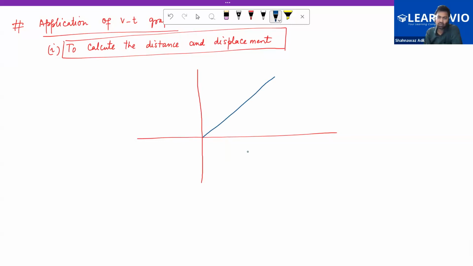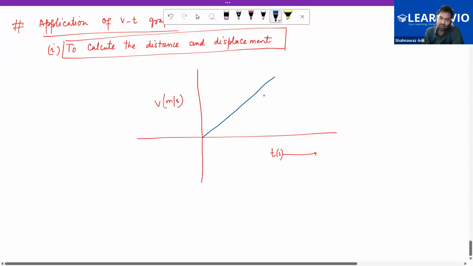This is t, this is v, in meters per second, and this is seconds. This graph you are given. So how can we calculate the distance? Let us first talk about the distance. The distance would be the area under this graph.